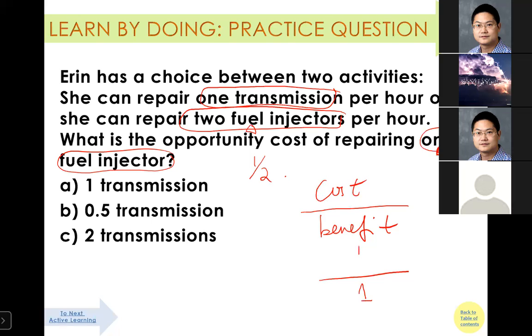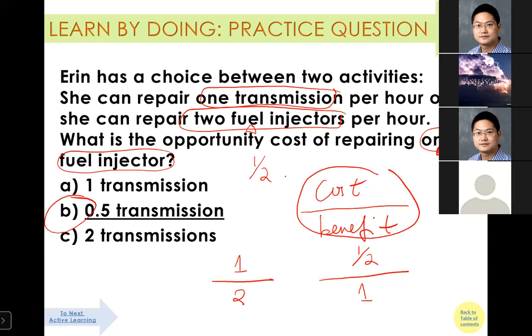So the cost is 1/2. Or think about 1 hour: she can repair 2 injectors, or give up repairing 1 transmission. In either case, the opportunity cost of repairing 1 fuel injector is 1/2 transmission. So the answer is B. Just remember cost divided by benefit. That's the opportunity cost.